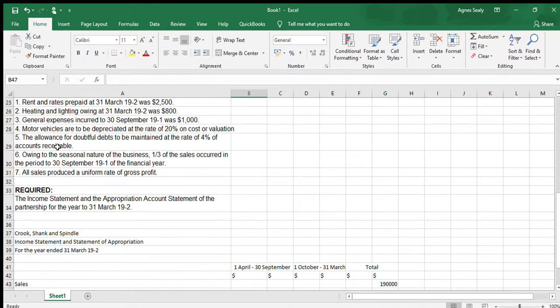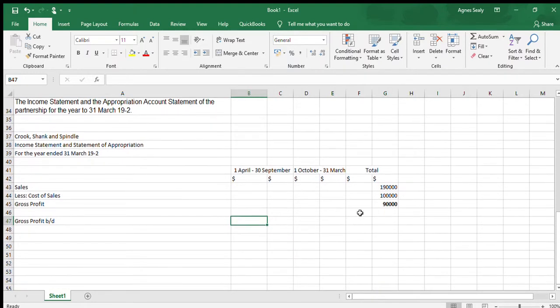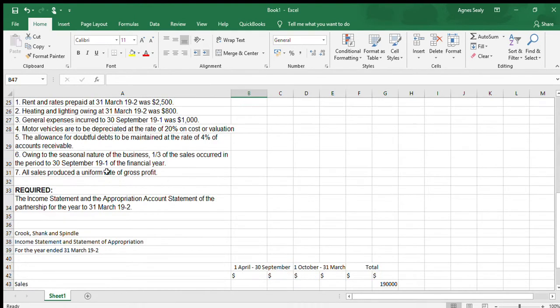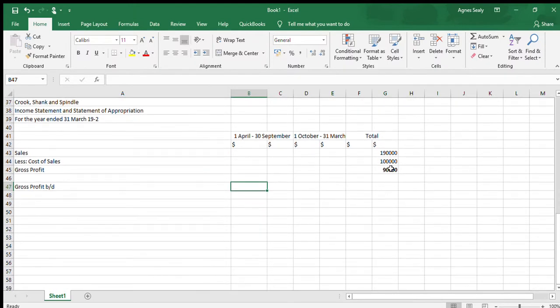If a third of the sales were earned under the old agreement between just Crook and Shank, and all sales produce a uniform rate of gross profit, it stands to reason that a third of our gross profit is for that period.